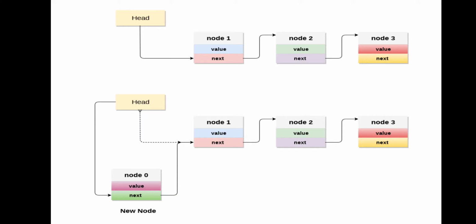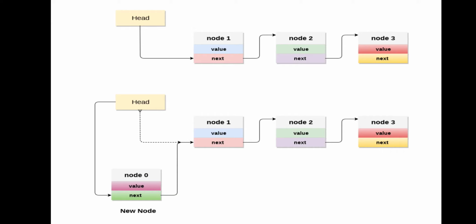Okay. See, this is the representation of a node. Here, suppose head node. If you want to add a new node, observe what will happen when we add a new node to the top of the stack using linked list representation. Here we already have three nodes, node 1, node 2, node 3, like that.